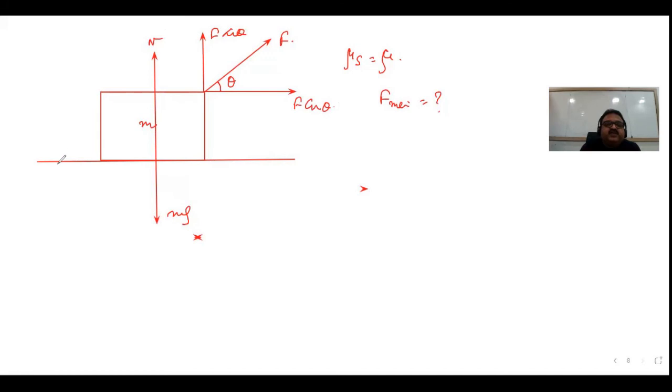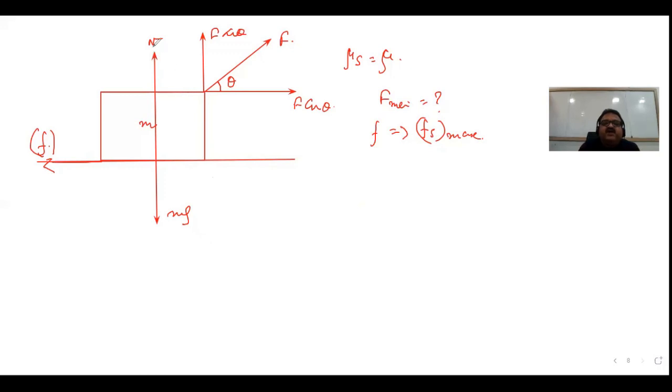So the frictional force will act along this direction, and this is the limiting friction. In this case, F stands for Fs maximum. Because in this case, the question asks for the minimum force required to move the body over the surface.